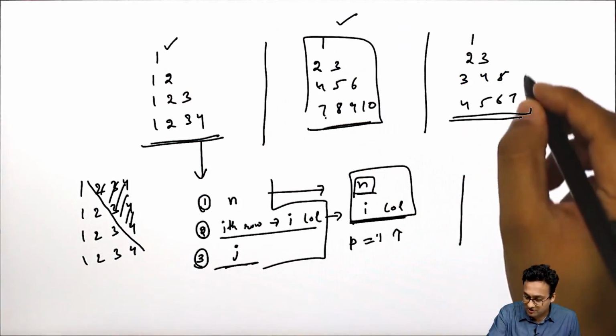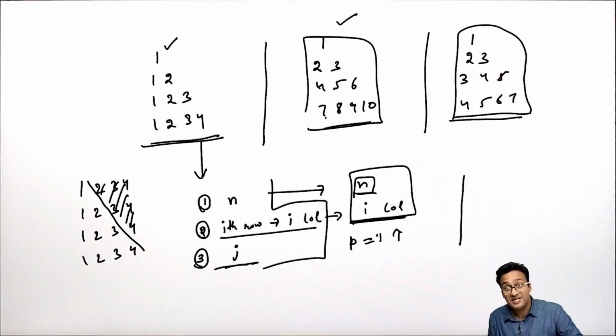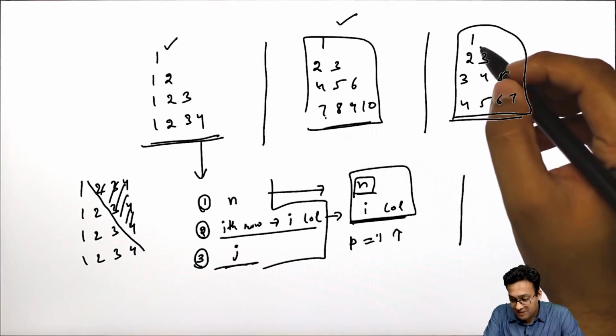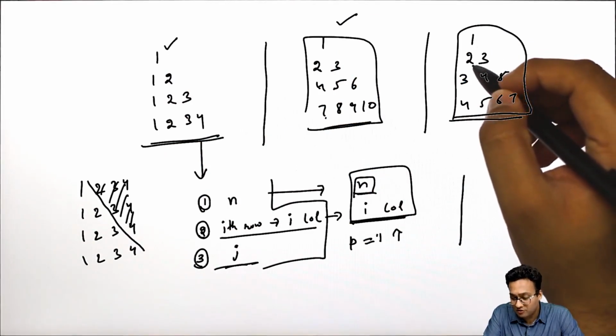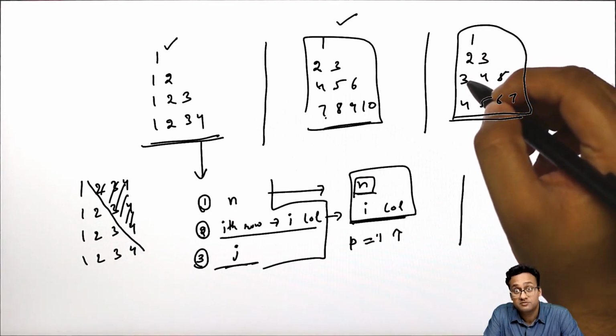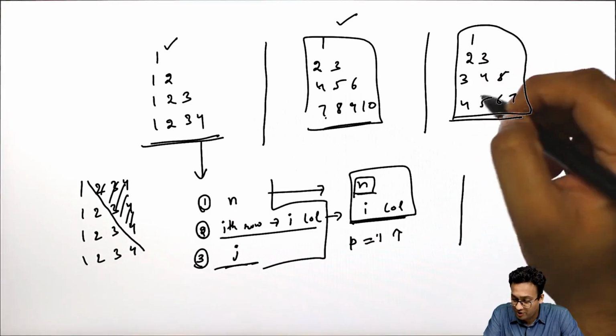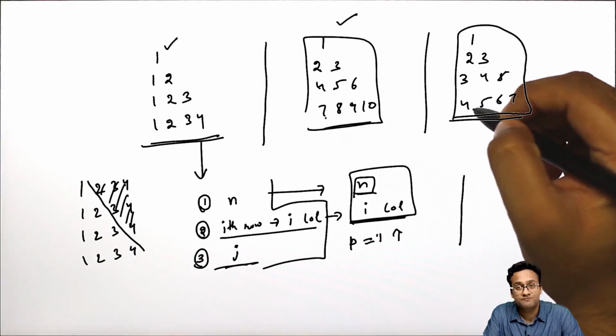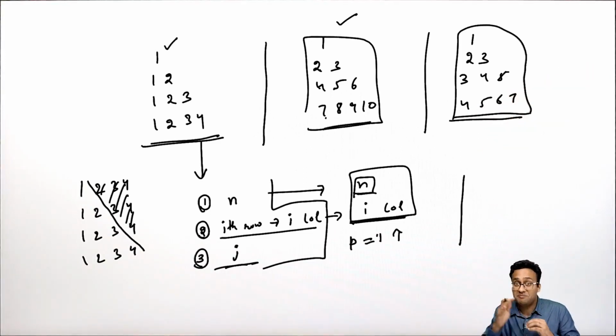Now what about this? In this one, P starts from 1, okay? It goes to 2, it goes to 3. The problem is, it comes back to 3. It goes to 4, goes to 5. The problem is it comes back to 4. So it doesn't look like P can keep increasing, right? Seems like P has to change its value and reset to something else and then start increasing again.